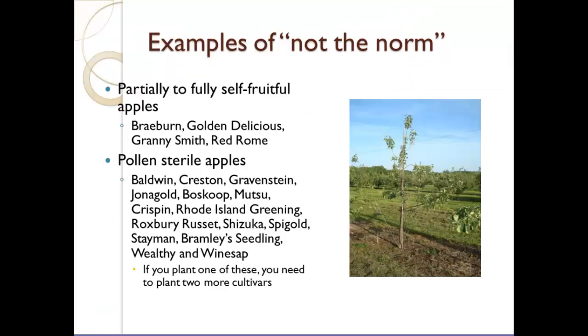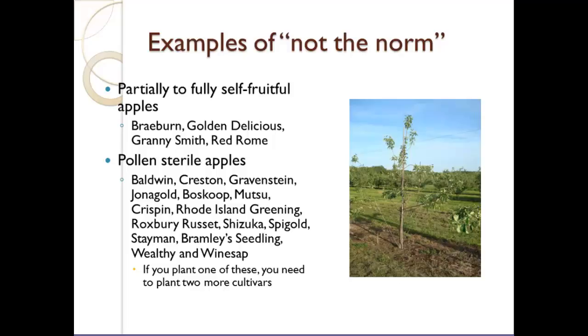So there are also examples of not the norm. As I already mentioned, there are some apples that are considered partially to fully self-fruitful. If you're planting Braeburn, Golden Delicious, Granny Smith, Red Rome, these are all partially self-fruitful, meaning that one tree can produce fruit.